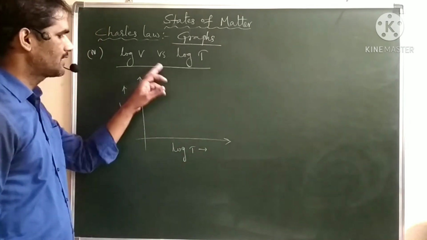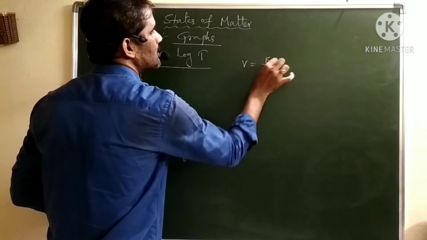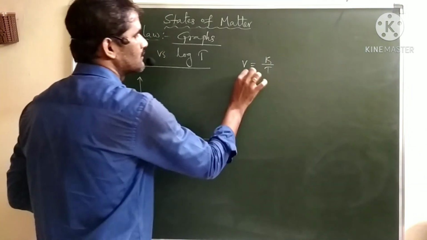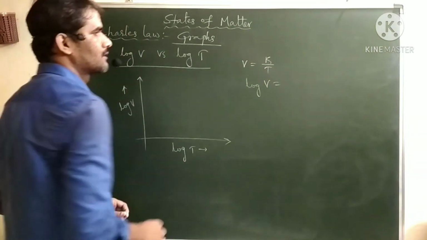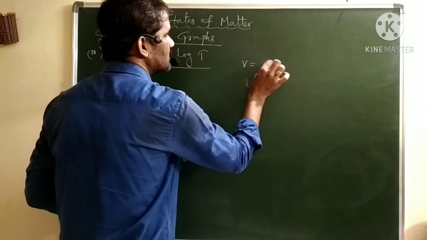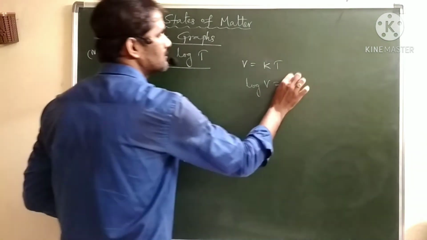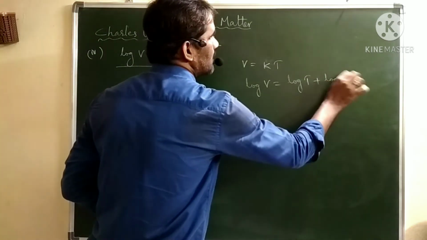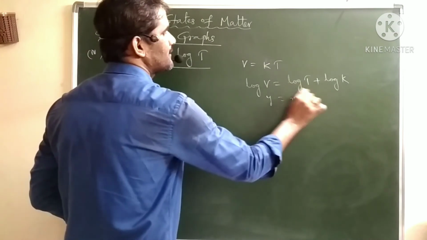First we have to convert the equation into log form. We have the equation V is equal to some constant K into temperature T. So if you apply log, log V is equal to log T plus log K. Now it looks like y equals mx plus c.